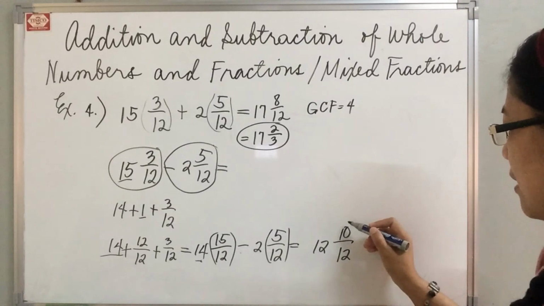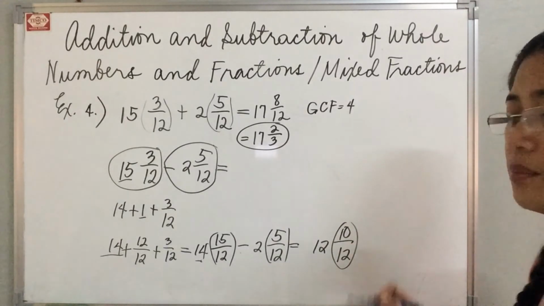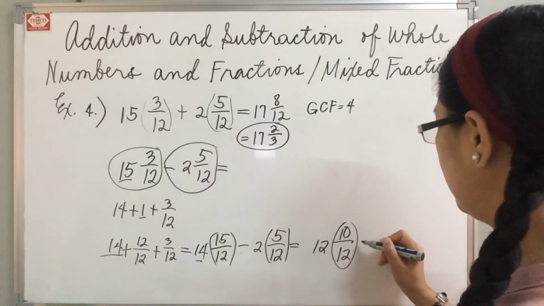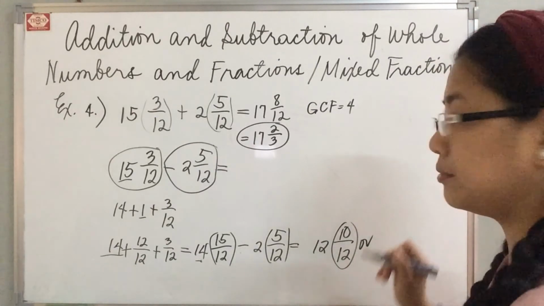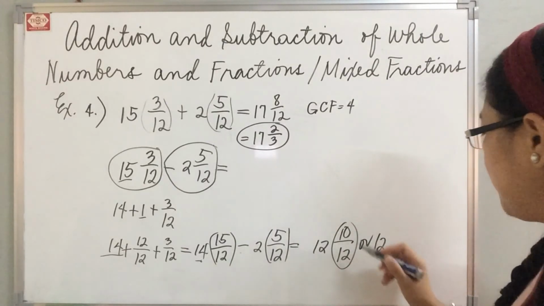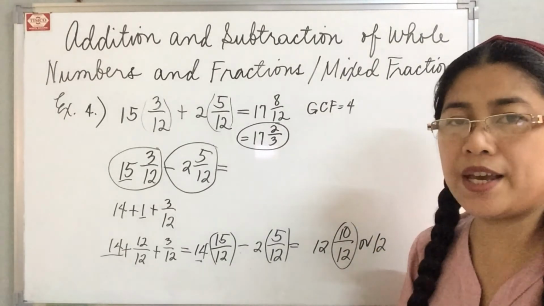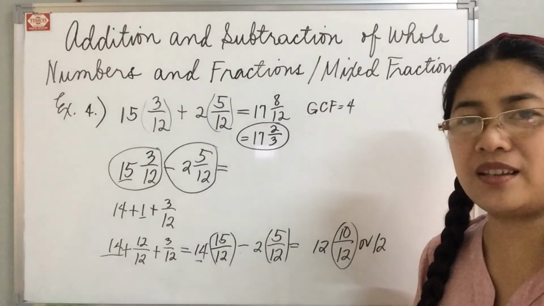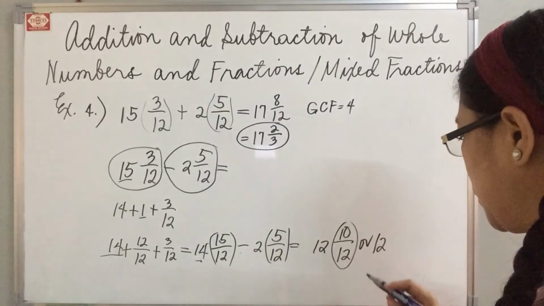But then again, 10 over 12 here can be reduced. So we have to reduce it. We have 12 and, what is the GCF of 10 and 12, I should say. We have 2.